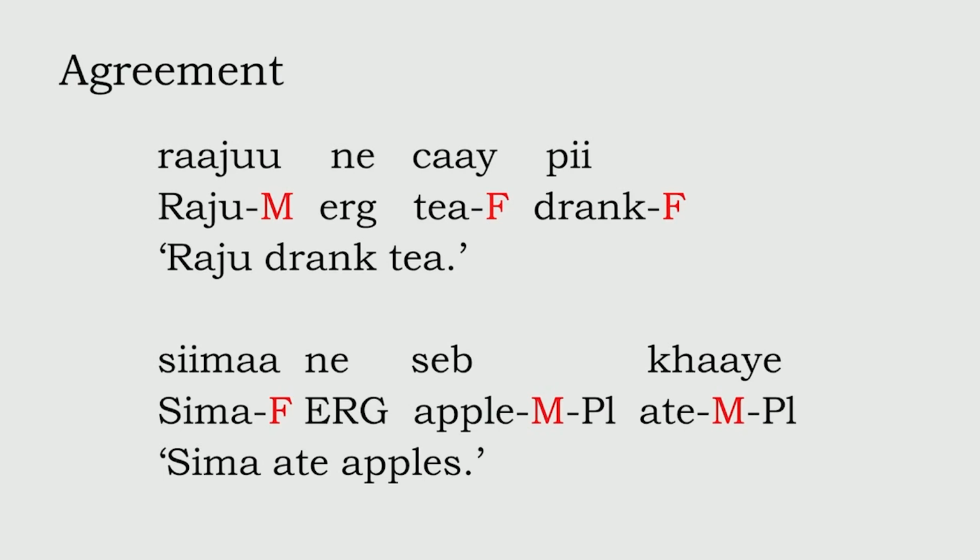And then finally we give the meaning of the whole thing in English. So, "Raju ne chai pi" means Raju drank tea, where we see Raju is a proper noun, ne is an ergative case marker, chai is tea, and pi is drank.